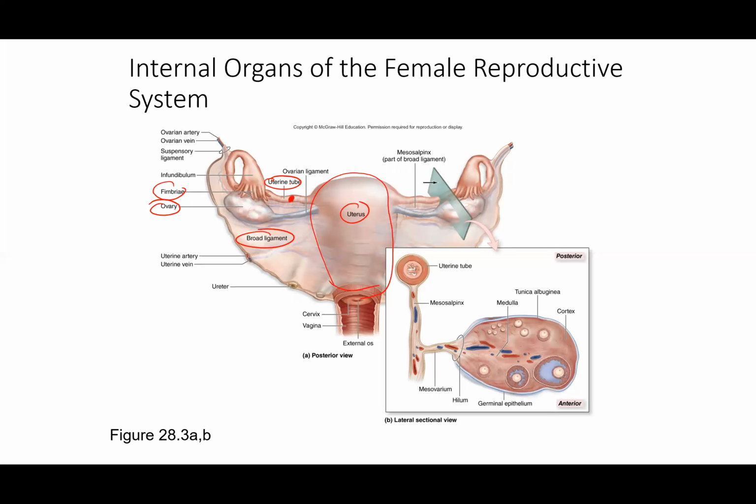If you have an ectopic pregnancy, that means the egg is developing in the fallopian tube or uterine tube, anywhere in there, which unfortunately will lead to a removal of the fallopian tube, as that is and can be life-threatening.